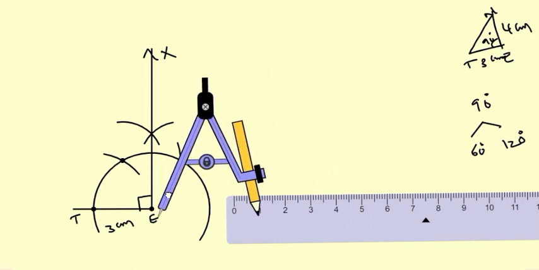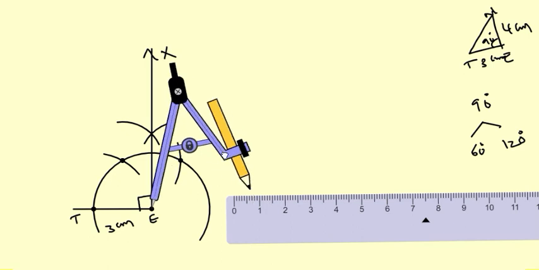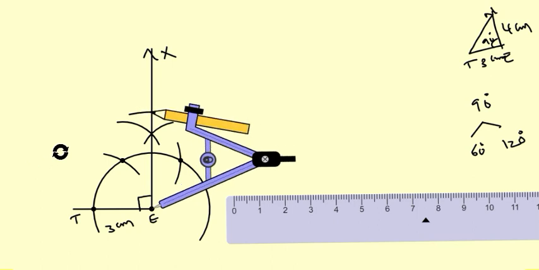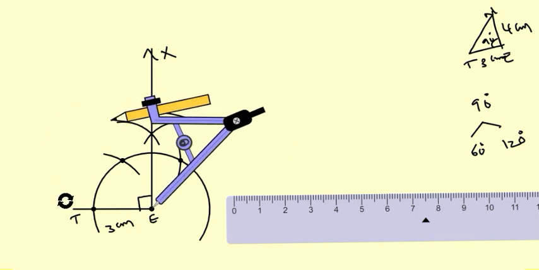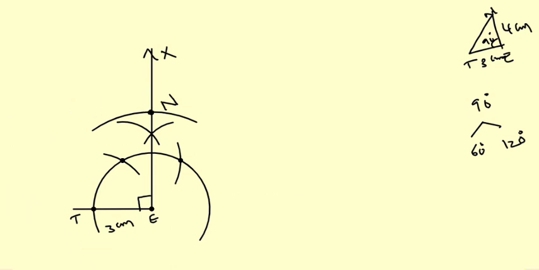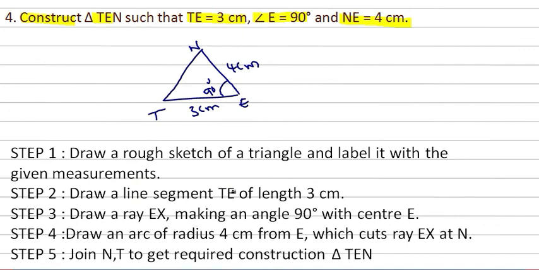Now with E as the center, draw an arc which cuts the previous ray EX at point N. Now this point indicates N. Now we know the exact location of the points T and N. Just simply join T and N to get the required triangle TEN. And these are all the construction steps for this construction.